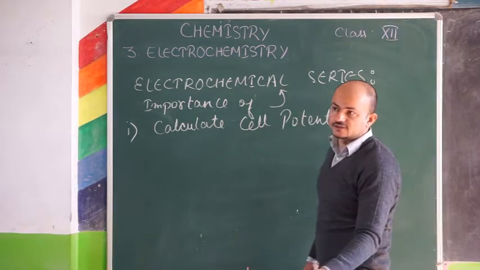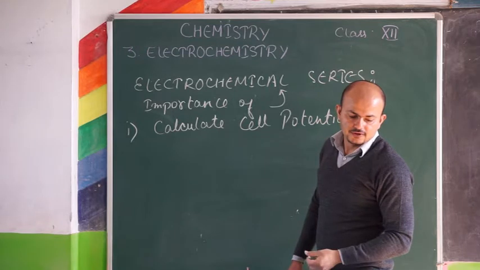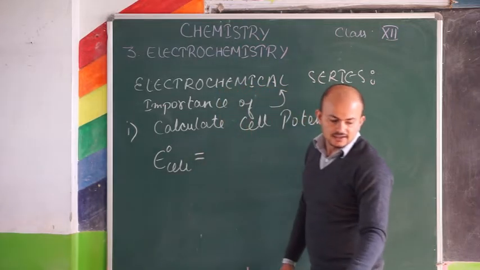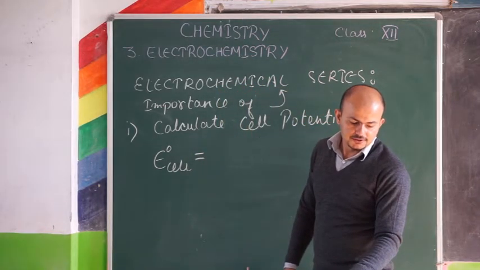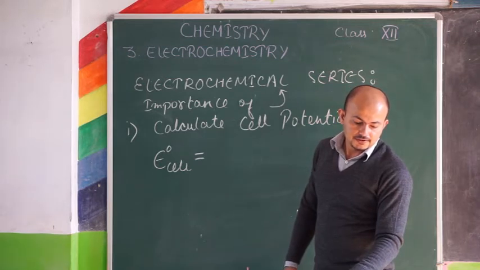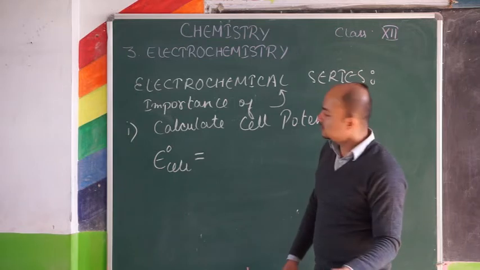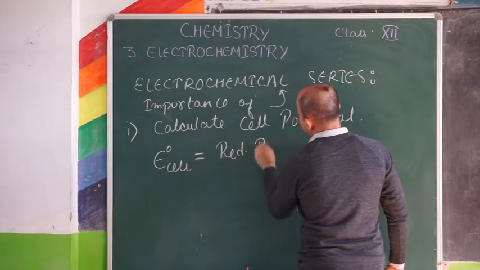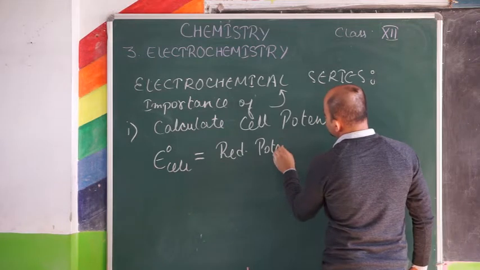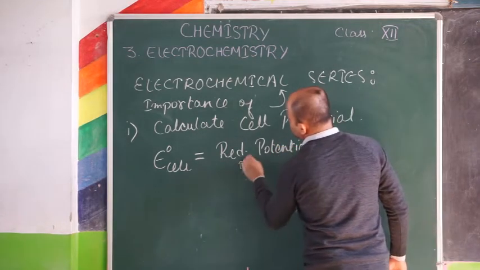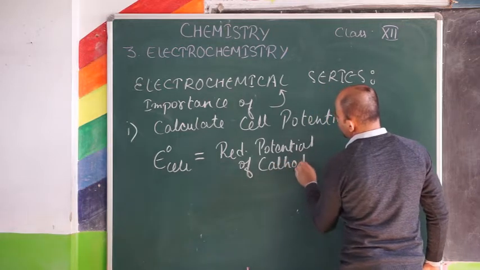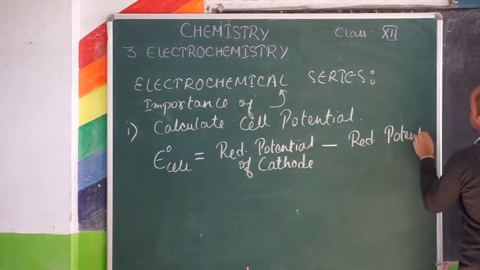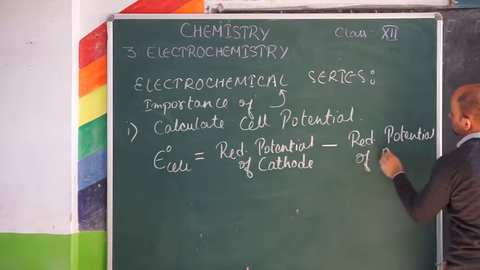And to calculate the cell potential, you have to remember this formula, that is E0 cell is always equal to the reduction potential of the reduction half cell, that is cathode, minus the reduction potential of anode.